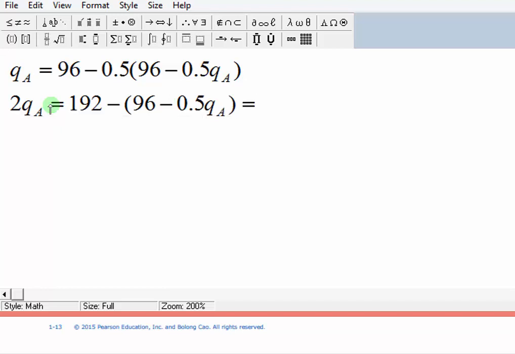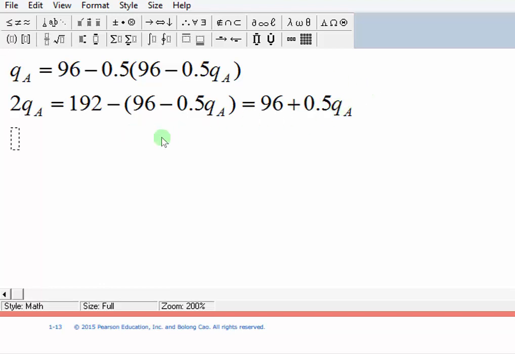And that equals 96, because I have 192 minus 96, which is 96, plus, since it's a minus sign times a minus sign, I have plus 0.5 times QA. This gives us 2 minus 1.5. I'm moving this 0.5 QA to the other side, and that requires a change of sign. Or say I subtract 0.5 QA on both sides of the equation.